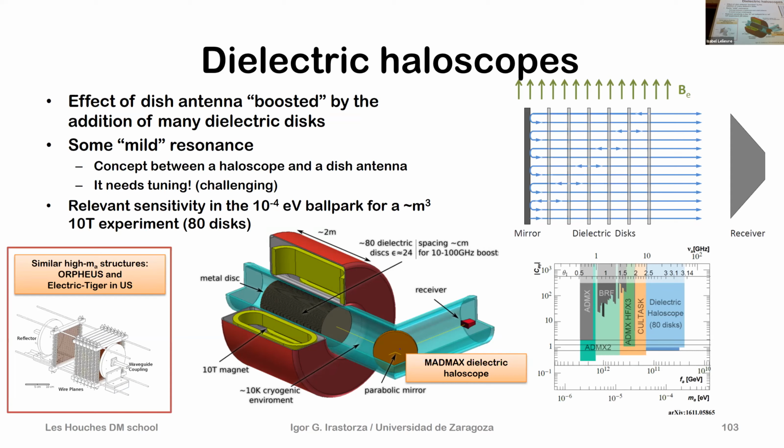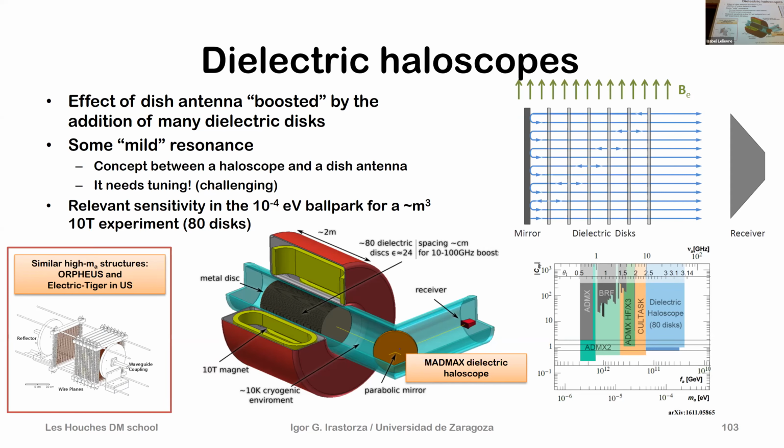In this case, we need them to be transparent, so they are not mirrors. The first one is a mirror, but the next ones are a set of dielectric discs. And all this is embedded in a magnetic field. So from each of these surfaces, you expect an emission of photons due to the dark matter field.